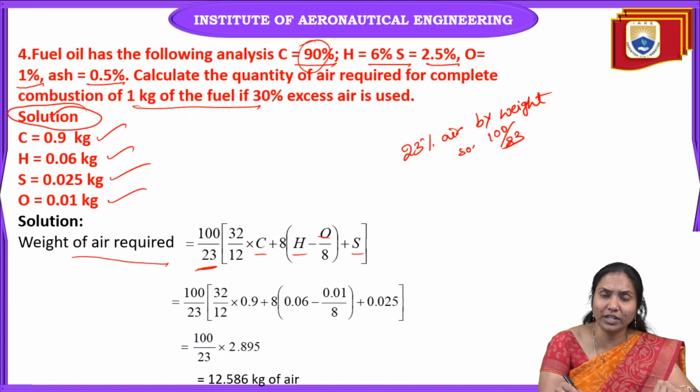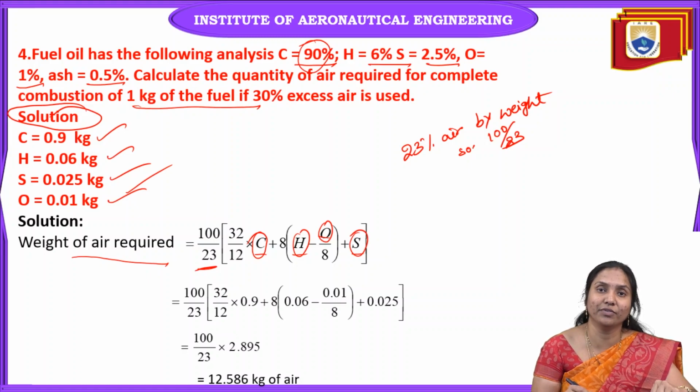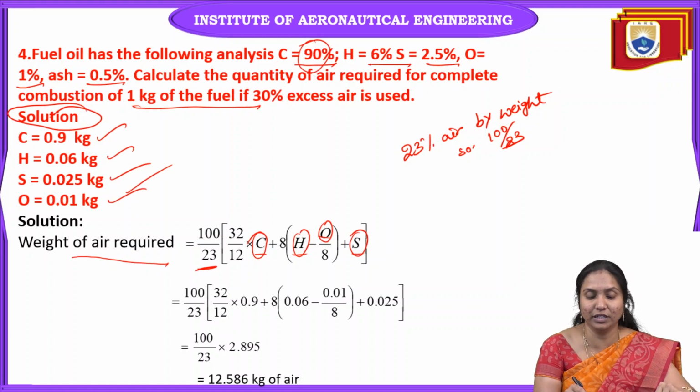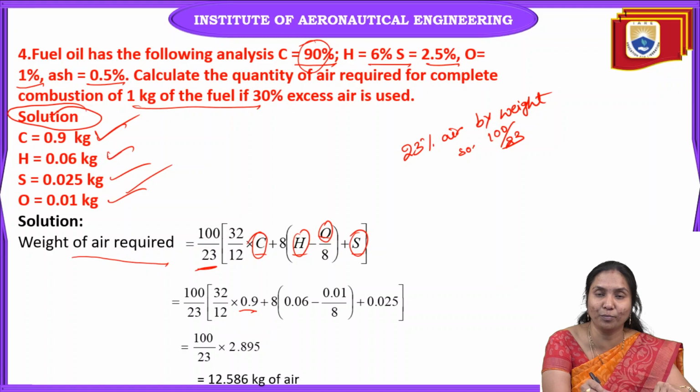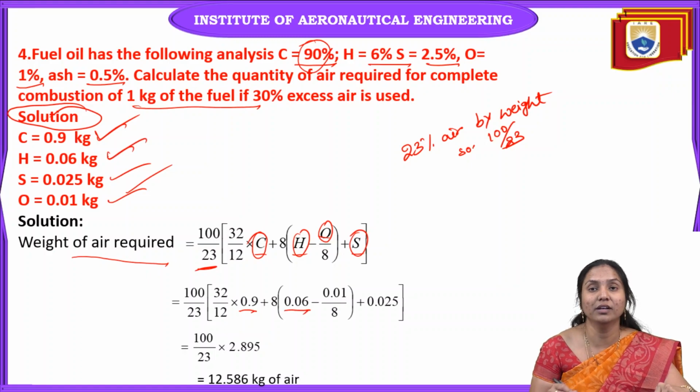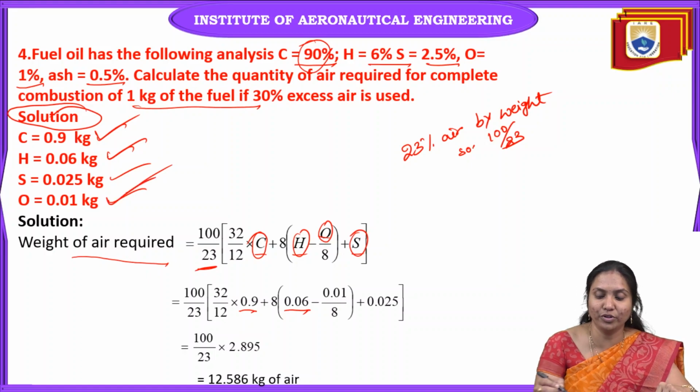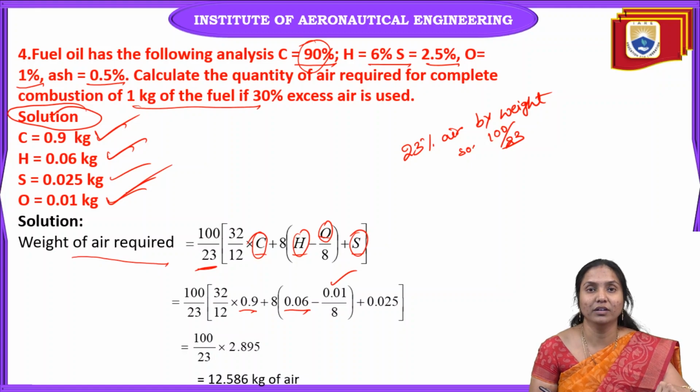So we can substitute the percentage of carbon, hydrogen, oxygen and sulfur given in this data in this formula. So then we'll get 100 by 23 into 32 by 12 into carbon percentage is 0.9, so we substitute here 0.9 plus 8 into hydrogen percentage is 0.06, so 0.06 minus oxygen percentage is 0.01, and plus 0.025 is the sulfur percentage in that fuel.